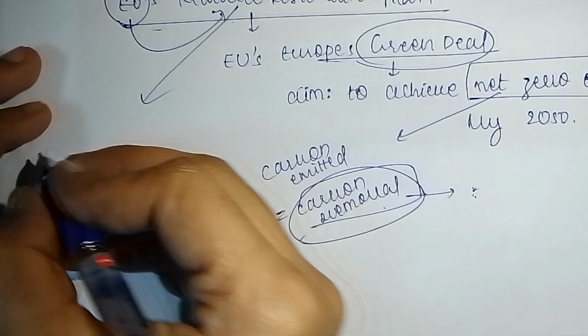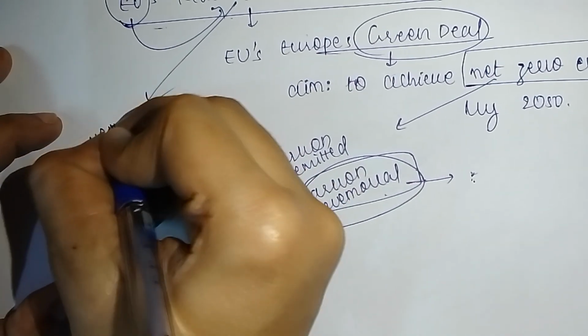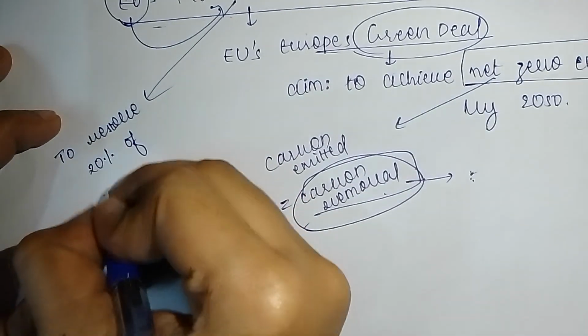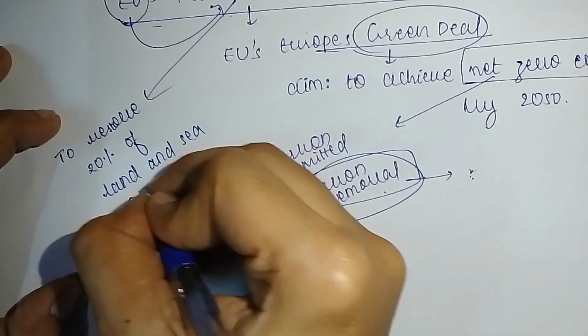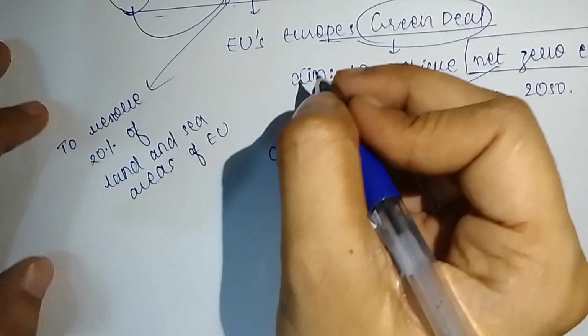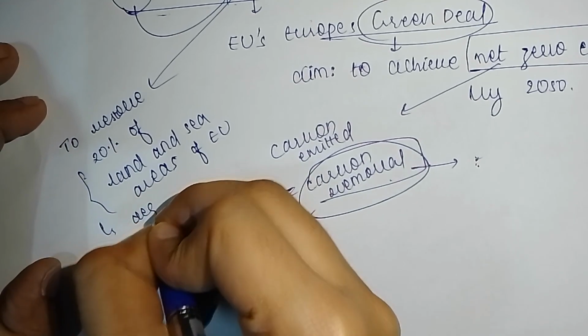Its basic aim is to restore 20% of land and sea areas of the EU which are degraded.